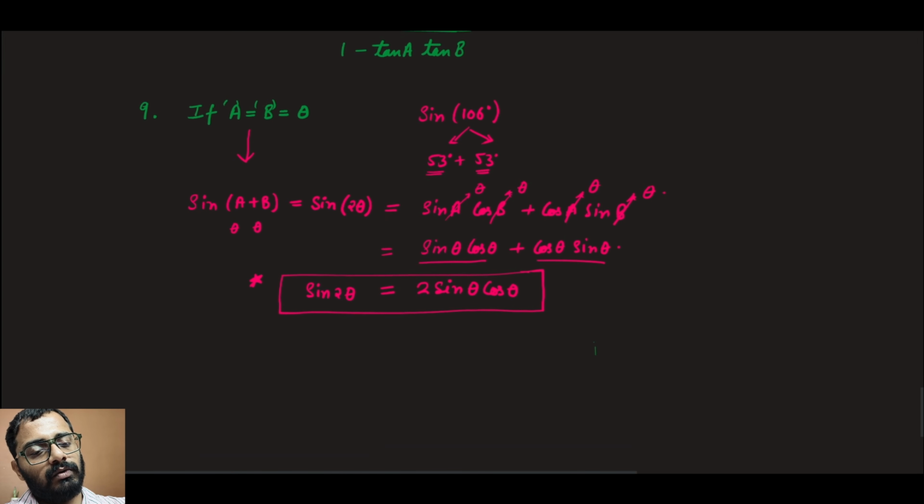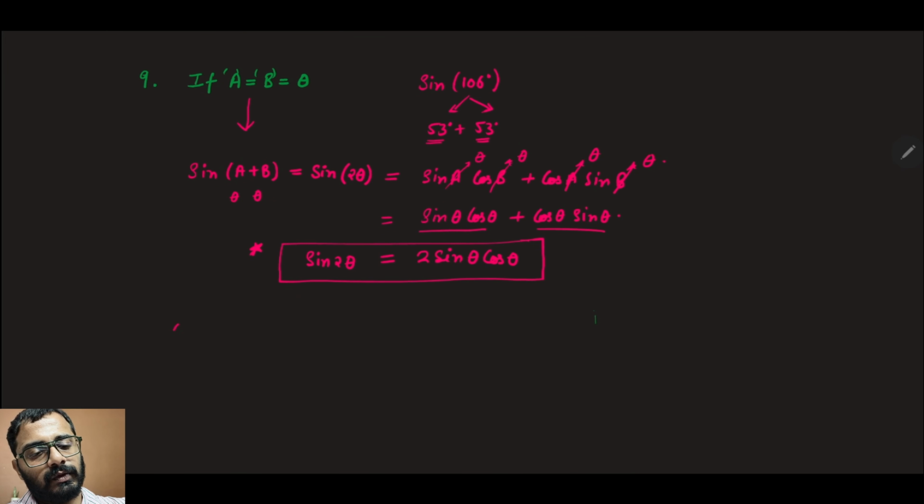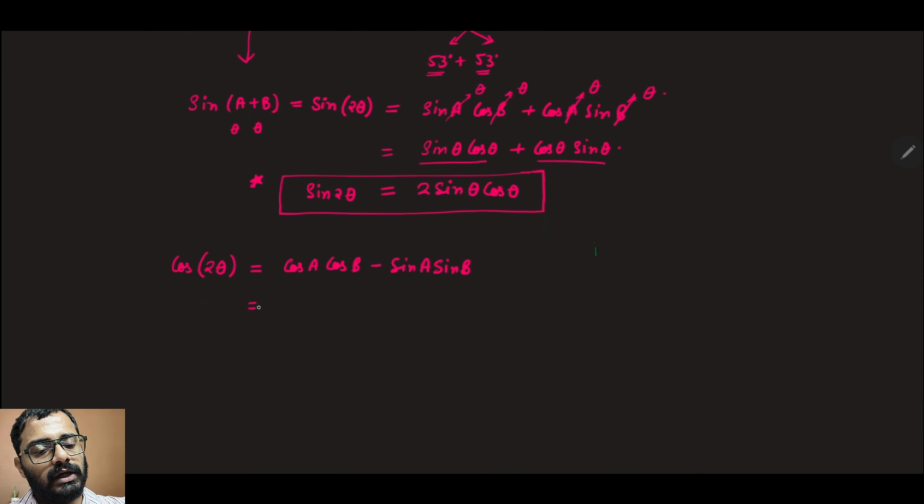Same thing we can do for cos also. Cos of A plus B will become cos 2 theta, and that identity was cos A cos B minus sin A sin B. So this will become cos theta into cos theta, that gives cos square theta, minus sin theta into sin theta, sin square theta.